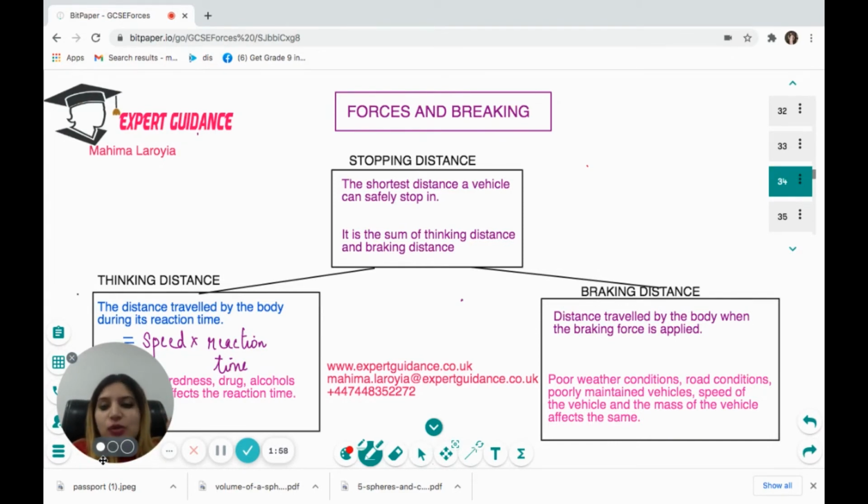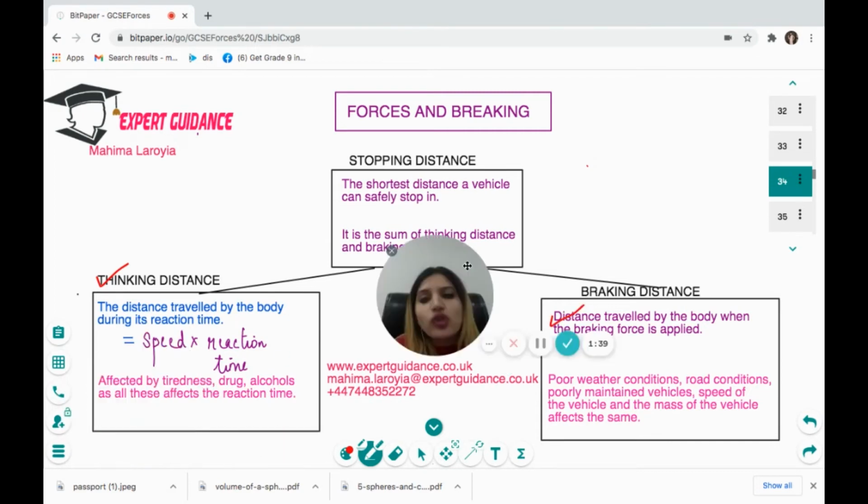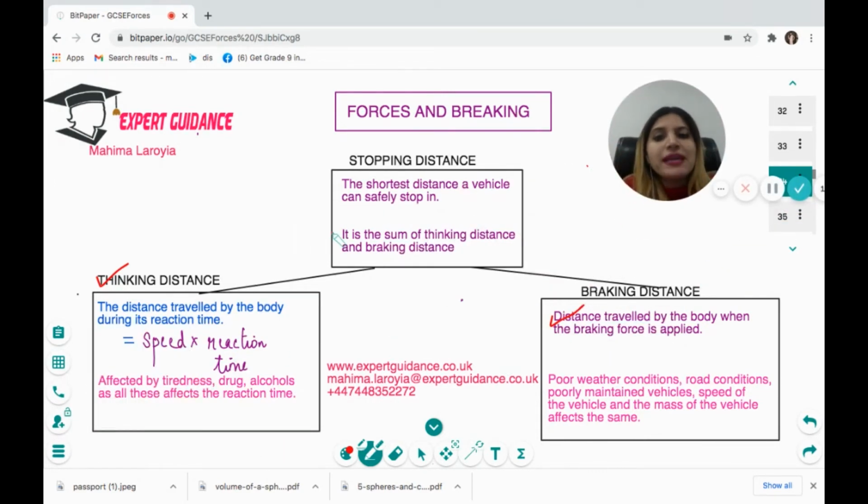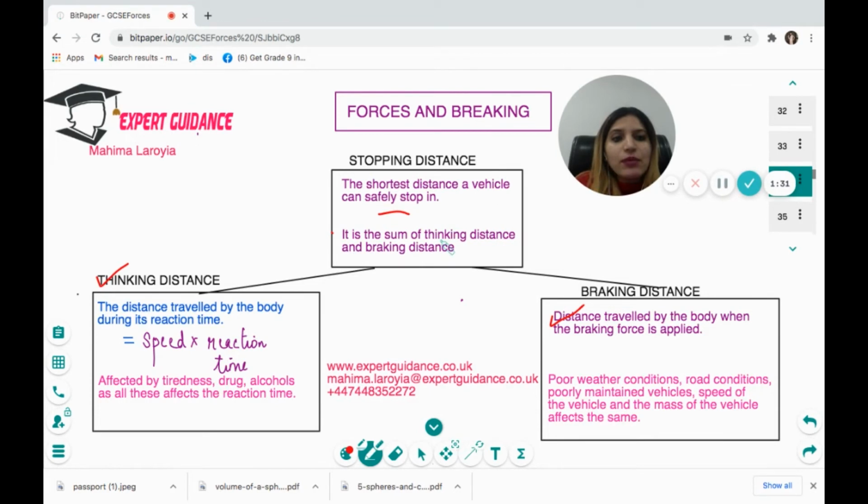The distance your body has traveled after applying the brake is the braking distance, and the distance traveled while you think and react is the thinking distance. Together, thinking distance and braking distance constitute the stopping distance. So the stopping distance is the shortest distance in which a vehicle can safely stop. It is the sum of the thinking distance and the braking distance.